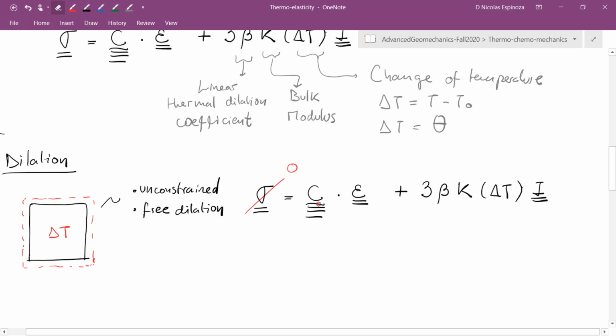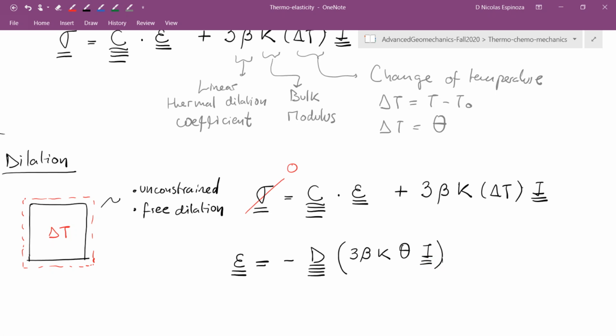So I can solve for the strains, and the strain tensor is going to be equal, moving this term to the other side and multiplying by the inverse of the stiffness matrix, which is the compliance matrix, to just this: delta T, and let's use theta here, times the identity matrix. And let's go ahead and solve that.